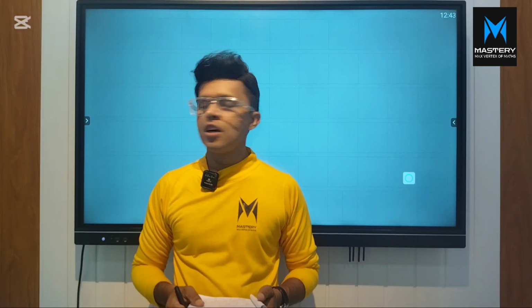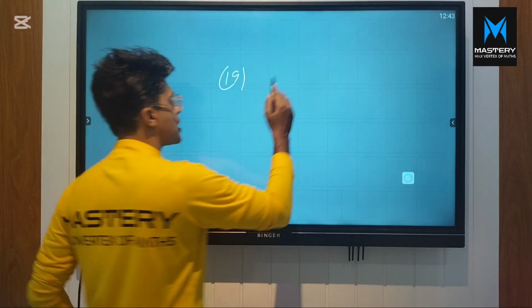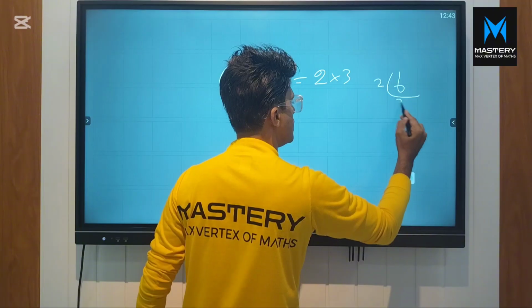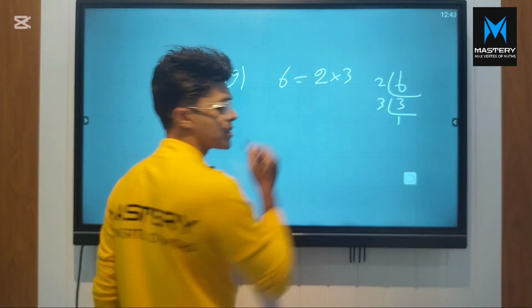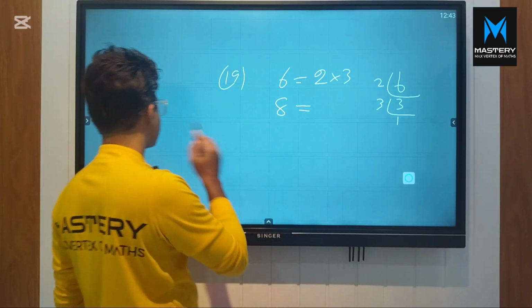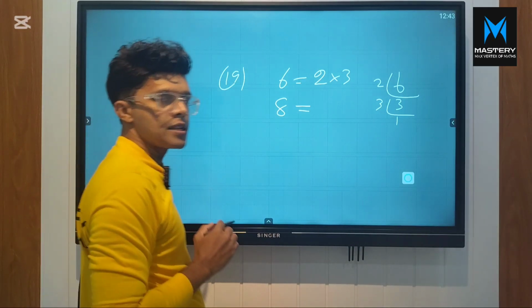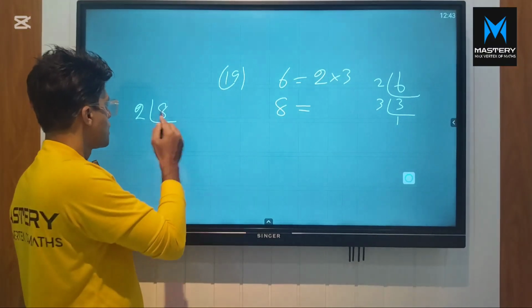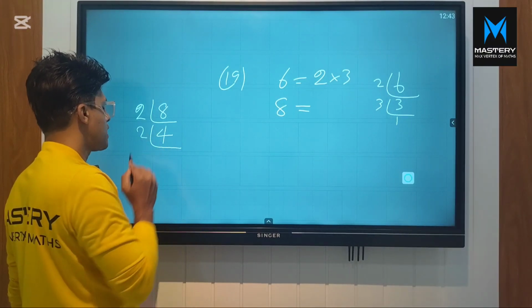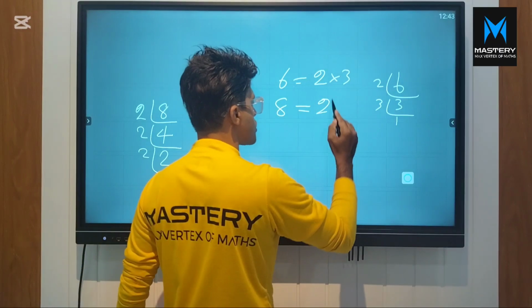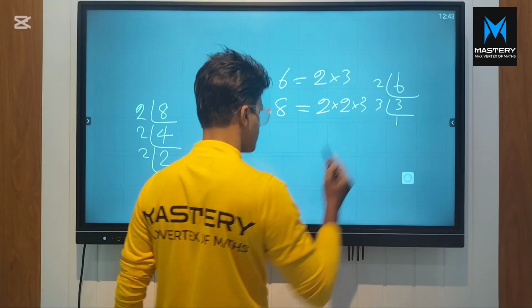So how do we do this? 6 divided by 2, then again divided by 3, so 6 equals 2 times 3. When it comes to the other one, 8, the same way can be applied. Divided by 2, 2 is a prime number, 8 upon 2 is 4, again 4 upon 2 is 2, then 2 upon 2 is 1, so 8 equals 2 times 2 times 2.